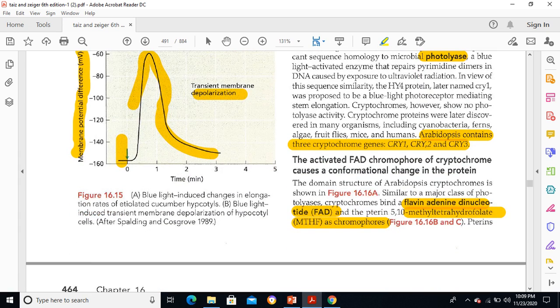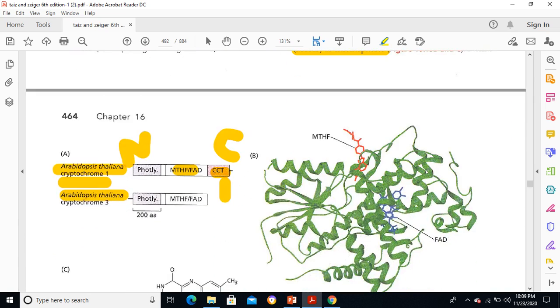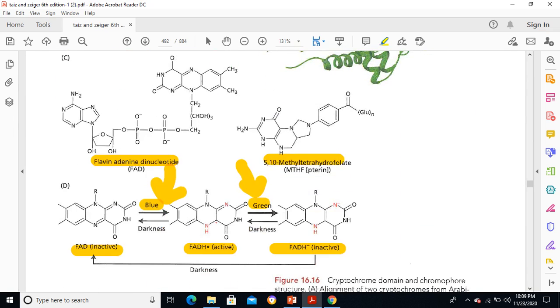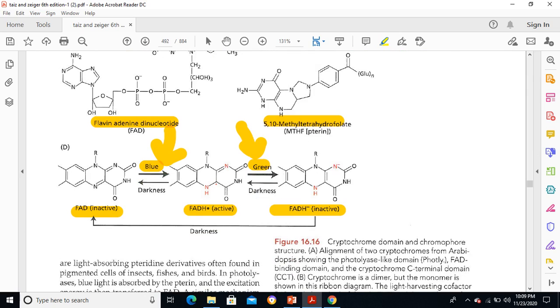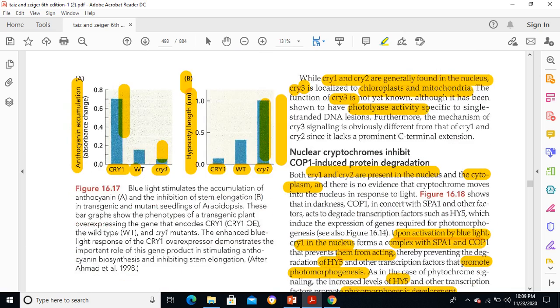We studied Cry1, Cry2, Cry3, the three forms of cryptochrome genes in Arabidopsis. And we studied the protein part and non-protein part, isn't it? Then what happens to the chromophores, FAD and MTHF, when blue light comes, and how it is converted to the active form. Then we saw these two graphs.